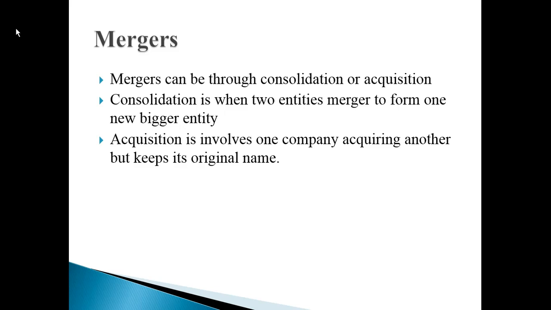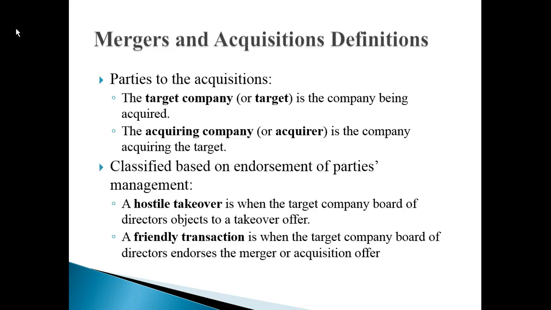Maybe they call that company A, B, C. And an acquisition involves one company acquiring another but keeps its original name. Okay, so a company is acquiring another company, but that company keeps its original name.